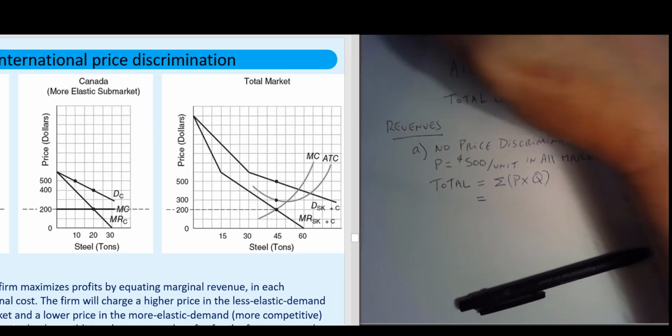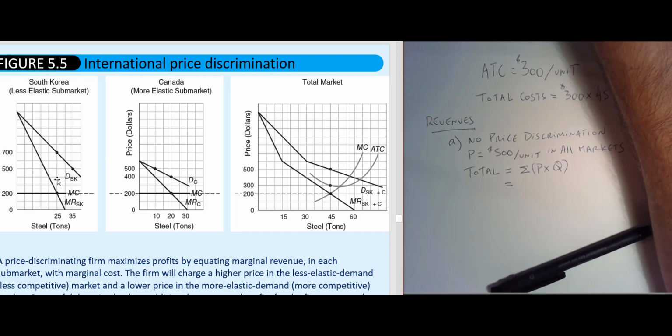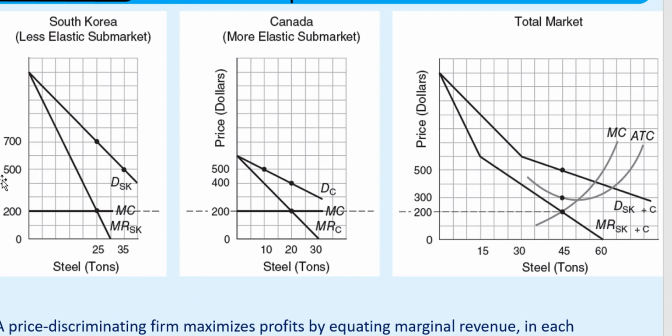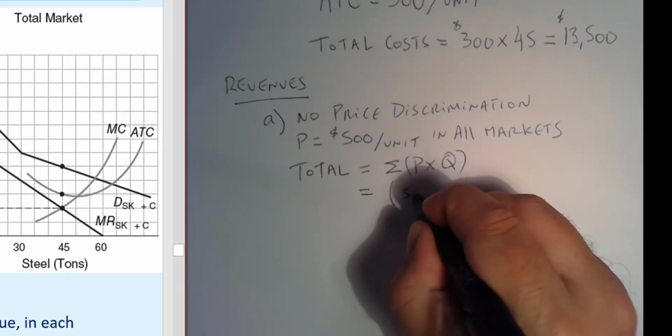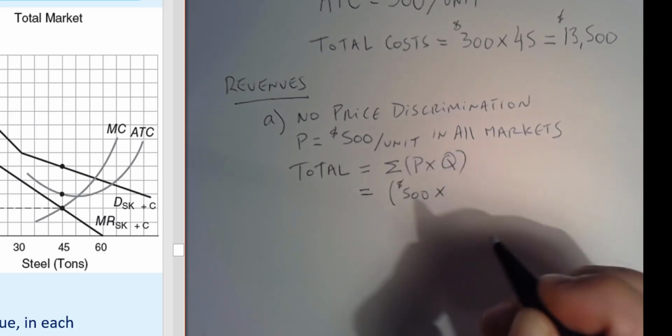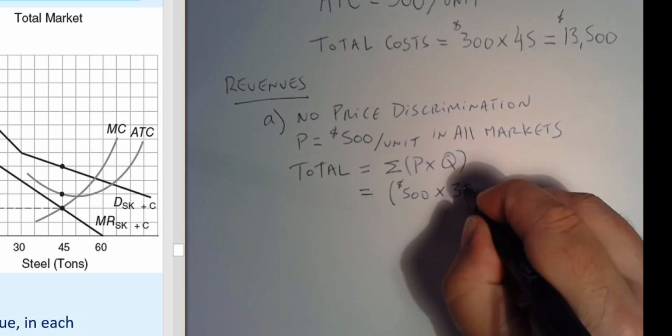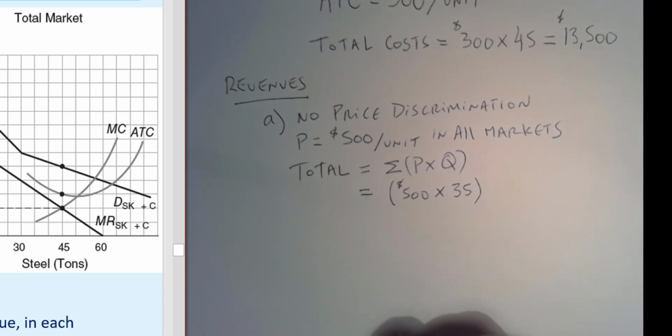So, as shown here in the graph for South Korea, if a price is set as $500, then that intersects the demand curve at this point, which corresponds to 35 units sold. So the total revenues are going to be equal to $500 per unit times the 35 units sold in South Korea.